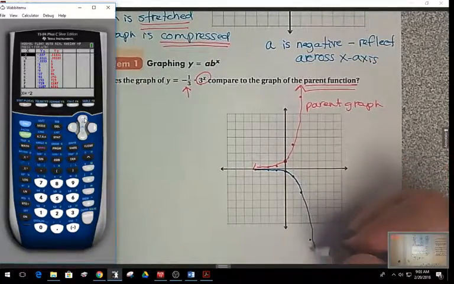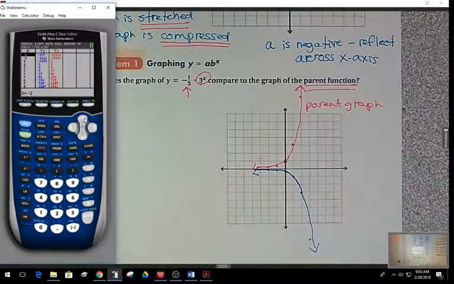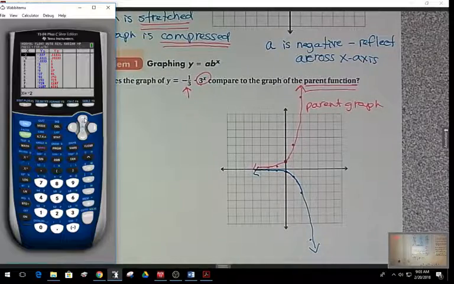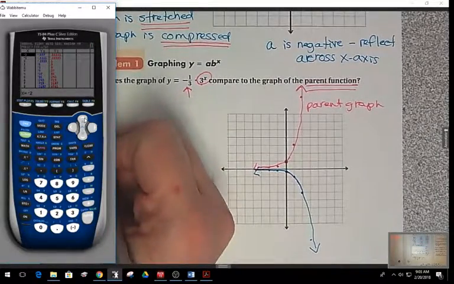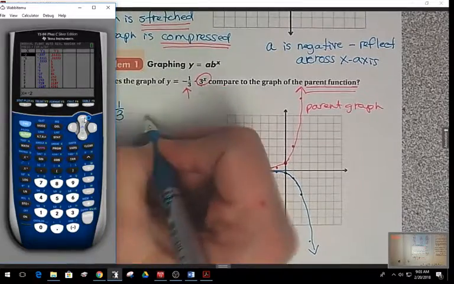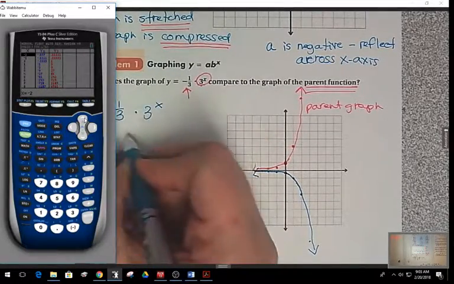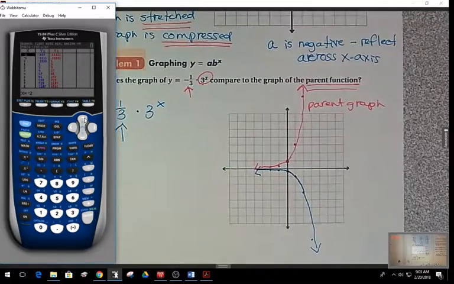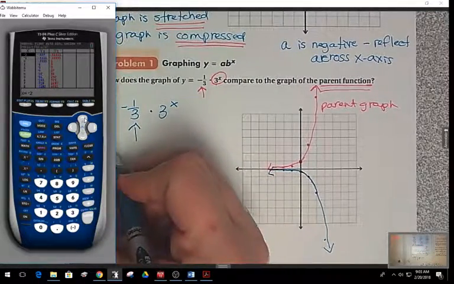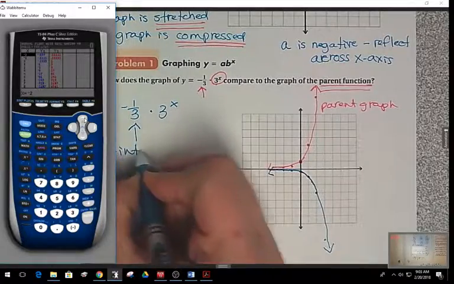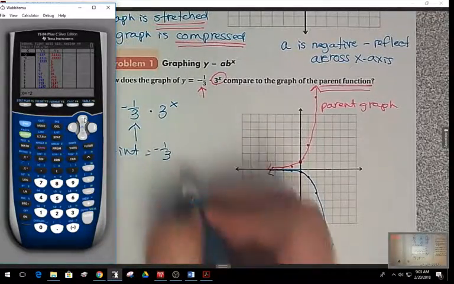Okay, and remember, these tables just come from plugging in x values and solving for y in the function. You've been doing that for years, so rather than take a whole lot of time to do it, we're looking at it in your calculator. So what I need you to remember is that when you have y equals negative 1/3 times 3 to the x, this negative 1/3 makes your y-intercept negative 1/3.